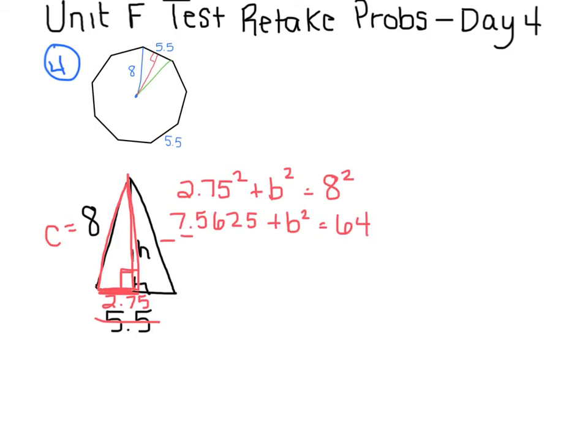Okay, subtract off that 7.5625. So minus 7.5625. End up with b squared equals 56.4375.